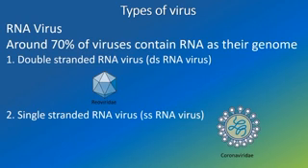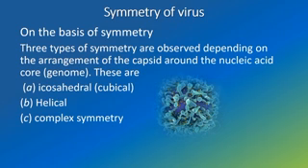Example: parvovirus. For the RNA virus, around 70% of viruses contain RNA as a genome. If RNA is present in a double-stranded form, it is called a double-stranded RNA virus. Example: reovirus. If RNA is present in a single-strand form, it is called a single-stranded RNA virus. Example: coronavirus. Next one is symmetry of virus.